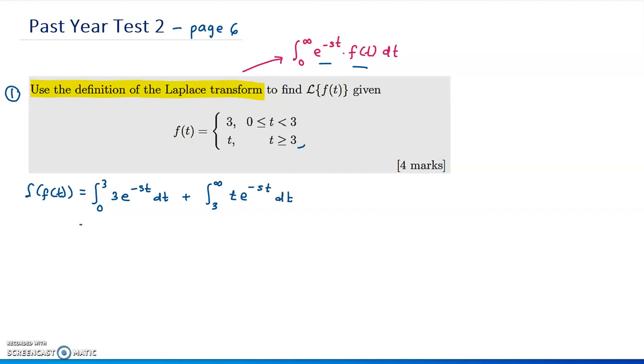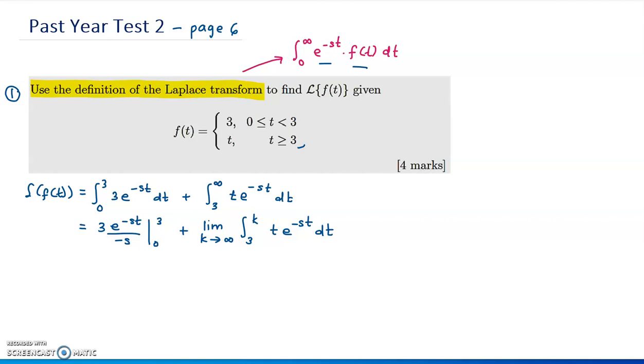All right. So the first integral is a straightforward integration. We have 3e^(-st) over negative s, evaluated from 0 to 3. But the second integral is an improper integral, so we have the limit as k approaches infinity of the integral from 3 to k of t e^(-st) dt. Look carefully at the second integral and think of what integration technique you need to apply.